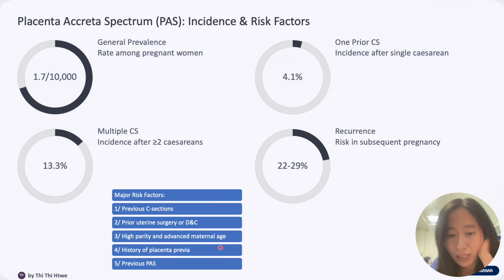And obviously in this pregnancy, if a woman has a placenta previa, it increases the risk as well. Placenta previa plus cesarean section increases the risk. And obviously if there was previous placenta accreta spectrum and the woman did not end up with hysterectomy and gets pregnant again, the risk is higher. It's 22 to 29%, like 30%, so about a third of the women who had some kind of accreta can have another PAS disorder in this pregnancy.